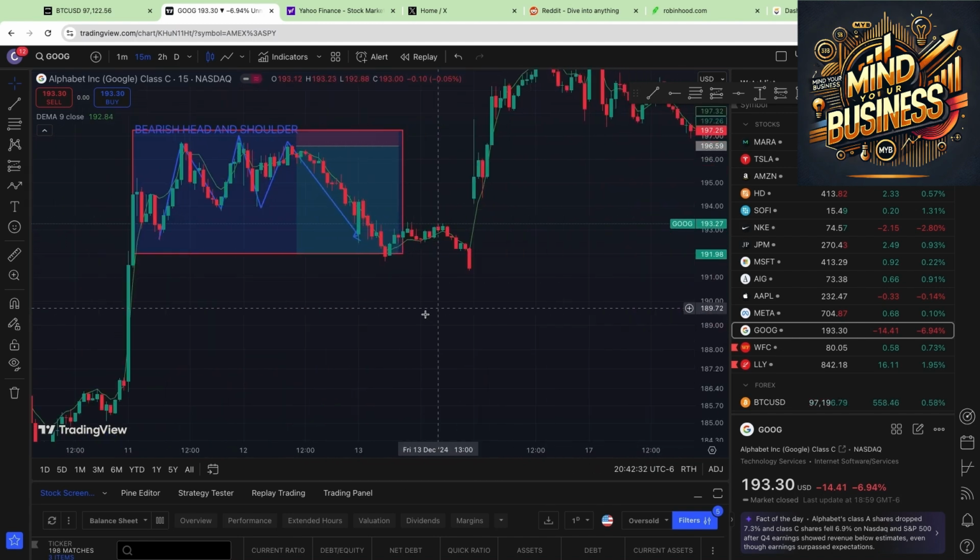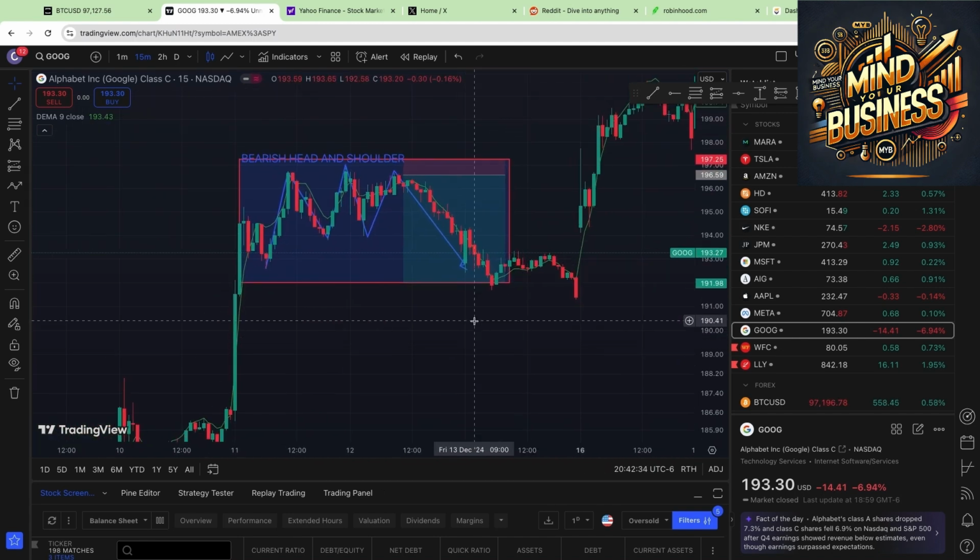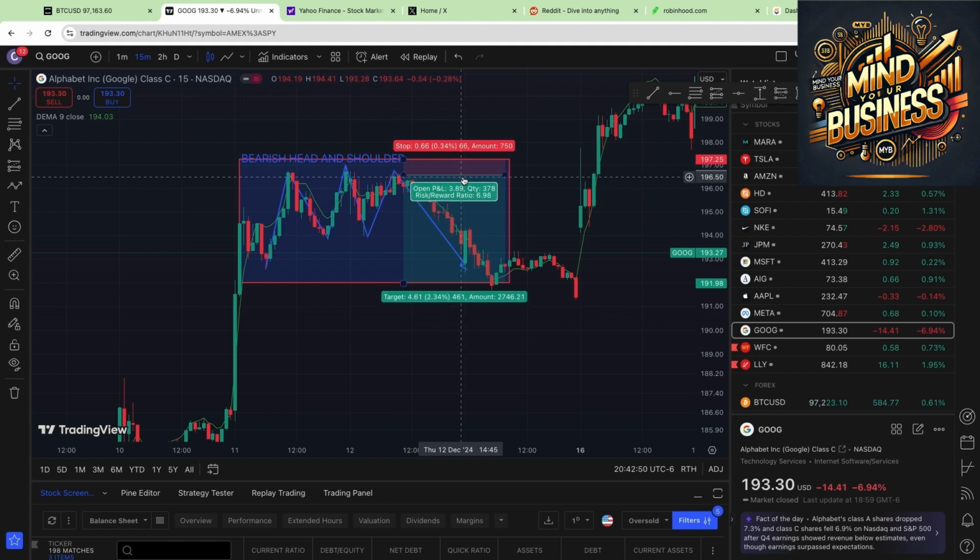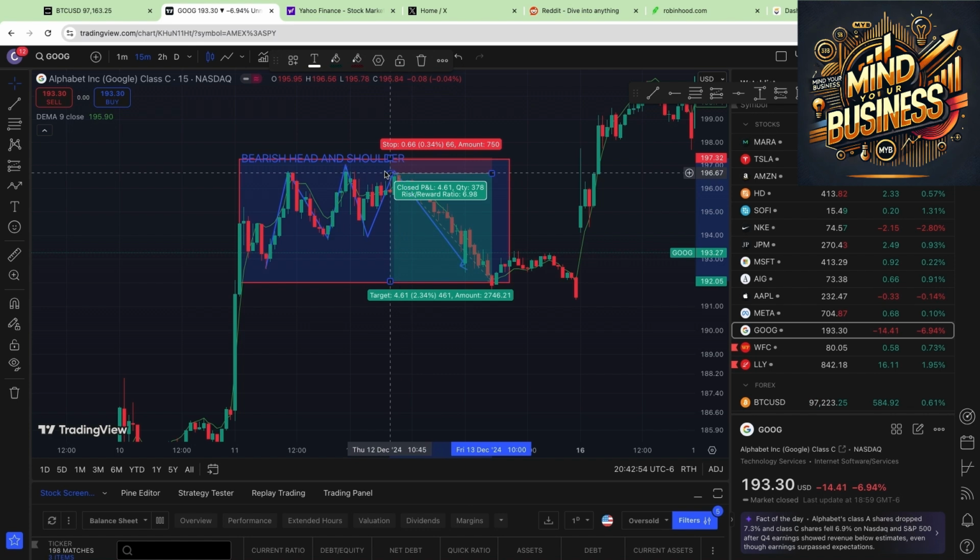Bring it up closer for you guys. So this right here is a bearish head and shoulders. See, price went up to create a higher high. It came back down, and price created a new higher high. Then it came back down lower, and almost created a higher high, but it didn't. So you want to put your stop loss above the last higher high, and you could eventually just ride the wave down. Simple as always.